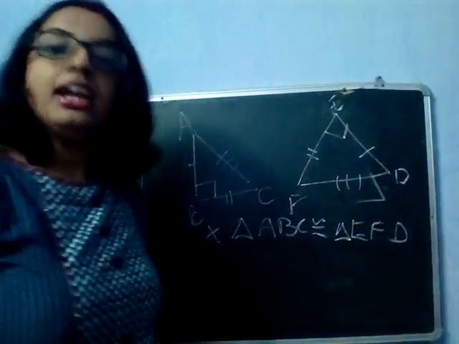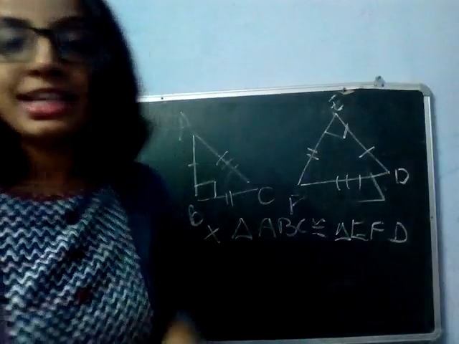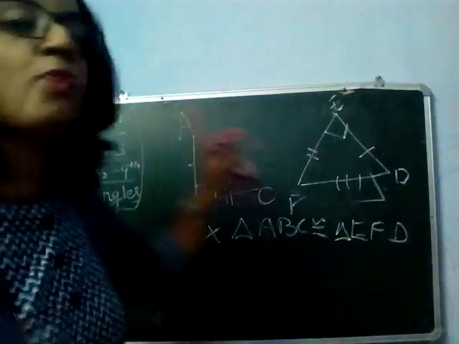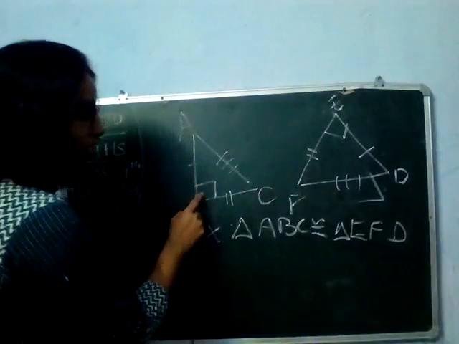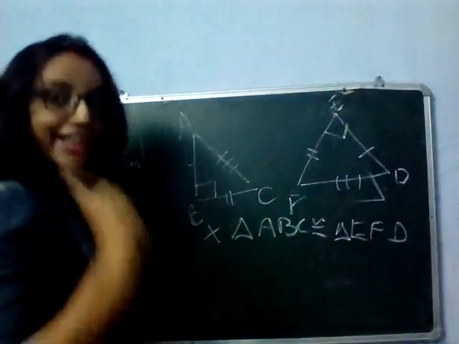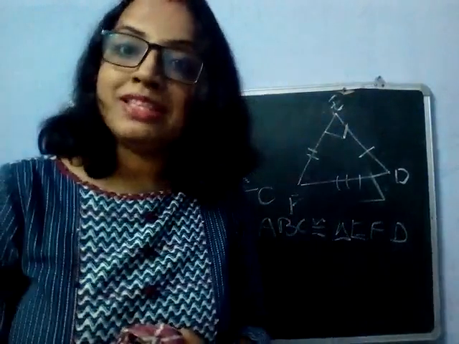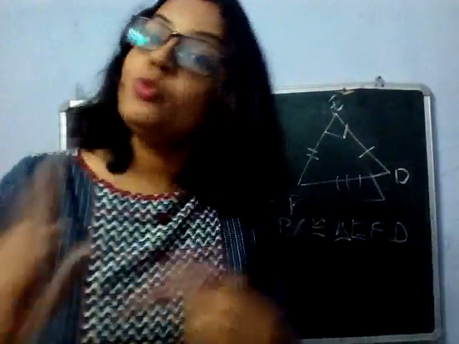While writing the congruence of a triangle, it is always necessary to write the corresponding angles. Here angle B is 90 degrees and angle E is 90 degrees, so while writing you need to mention which side equals which side and which angle equals which angle.